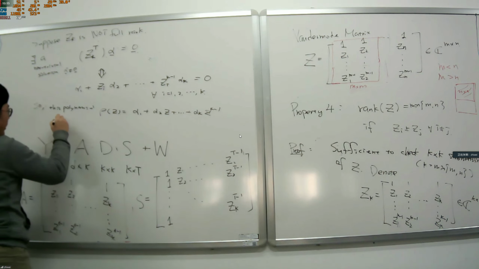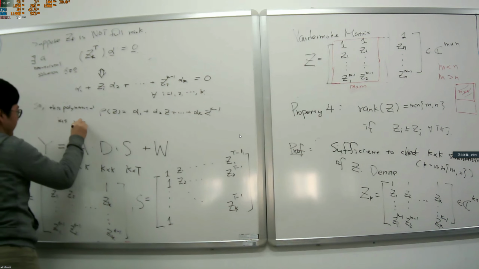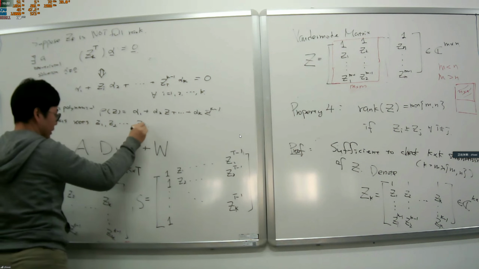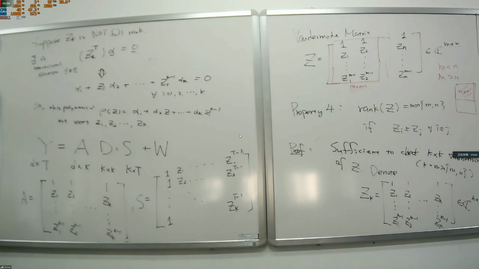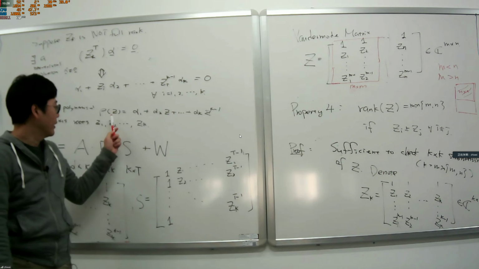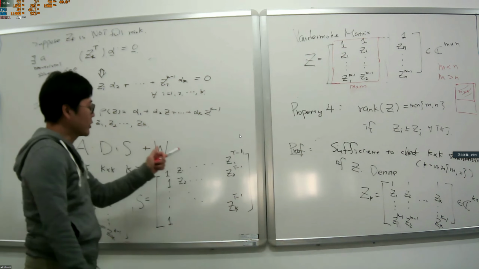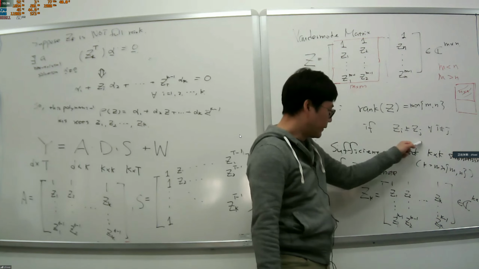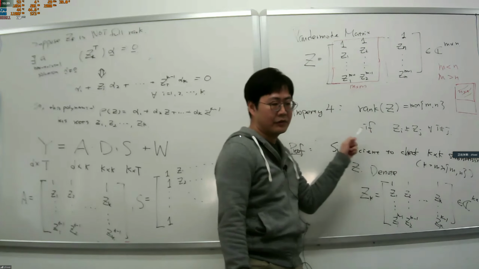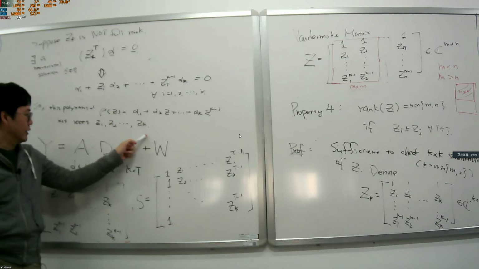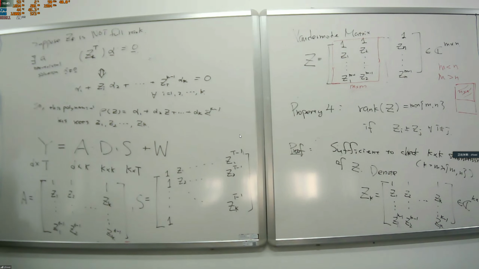And here we assume z_1 to z_k are all different, which means this polynomial has k different roots.